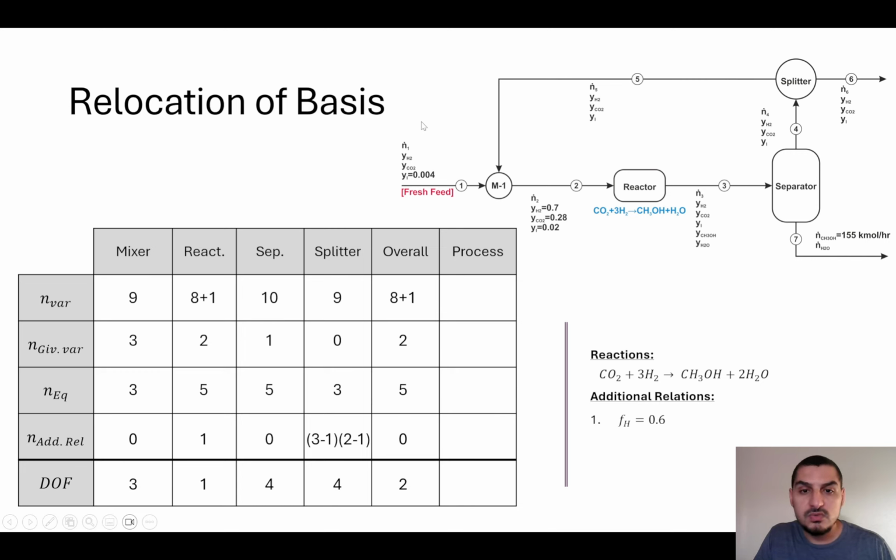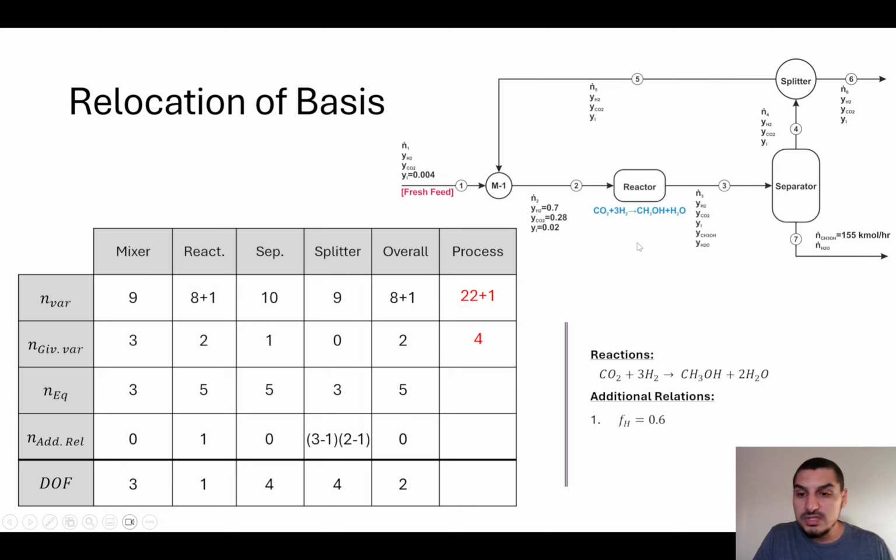So for the process, we have 1, 2, 3, 4, 5, 6, 7, 8, 9, 10. So it's 6 plus 5, it's 11. 3 plus 2 is 5, so it's 16, plus 6, it's 22, plus 1, which is the extent of reaction. So we have 23 variables. For the given variables, we have 1, 2, 3, 4 given variables.